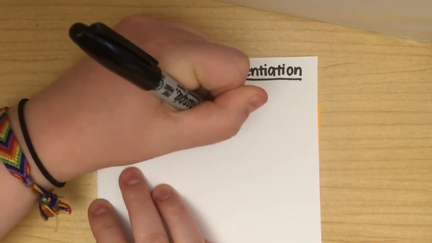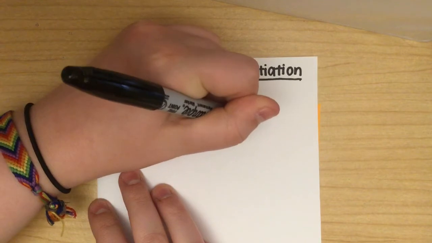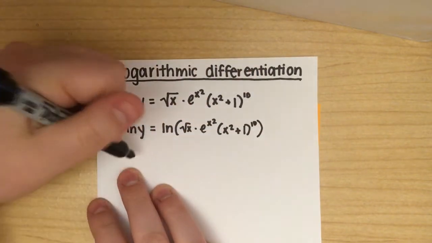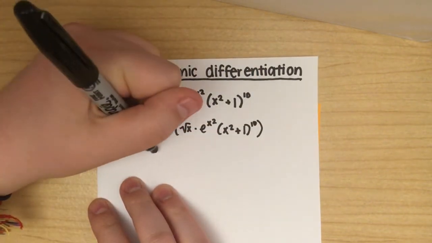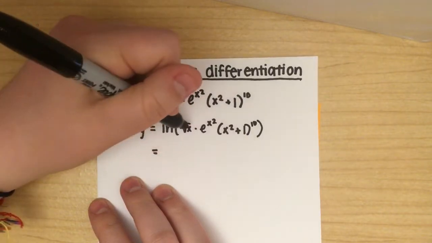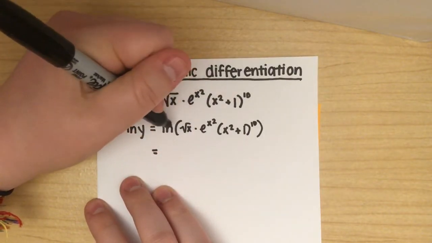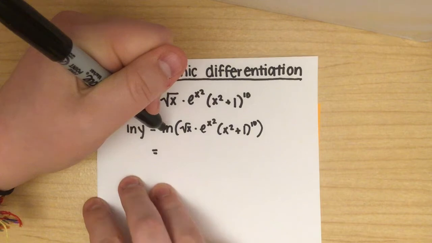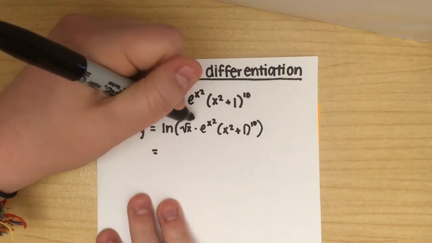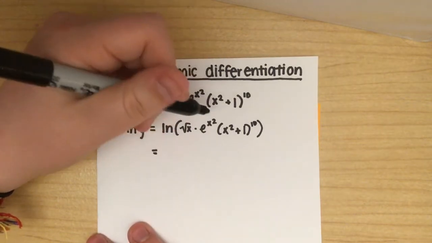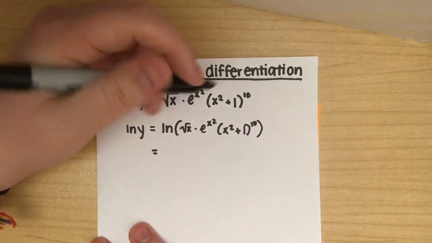So we will write this out, and then through this will stay ln of y, and I'll just leave that out for now. But since in logs and natural logs you can bring down the exponent and things, we're going to use that to make this easier.